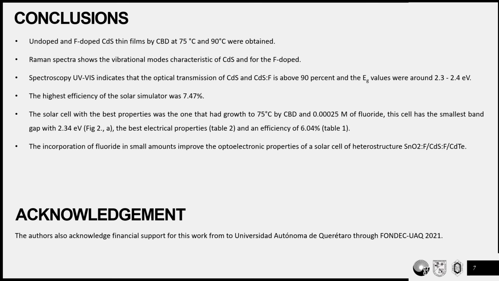This cell has the smallest band gap with 2.34 electron volts, the best electrical properties that are shown in Table 2, and the efficiency of 6%. The incorporation of fluorine in small amounts improved the optoelectronic properties of a solar cell of heterostructure FTO-CdS fluoride doped-CdTe.